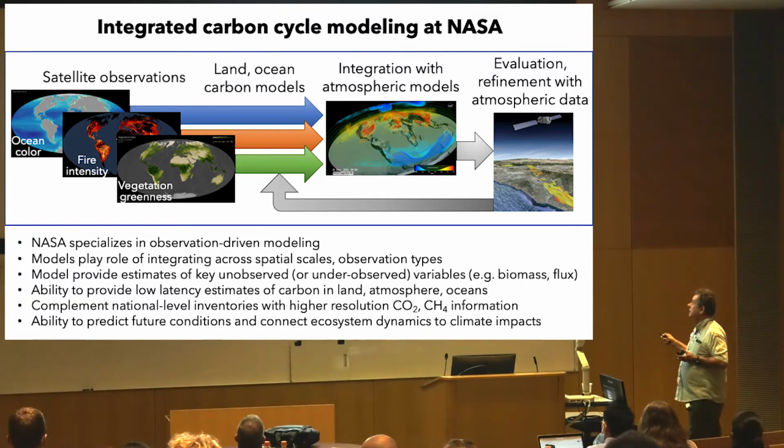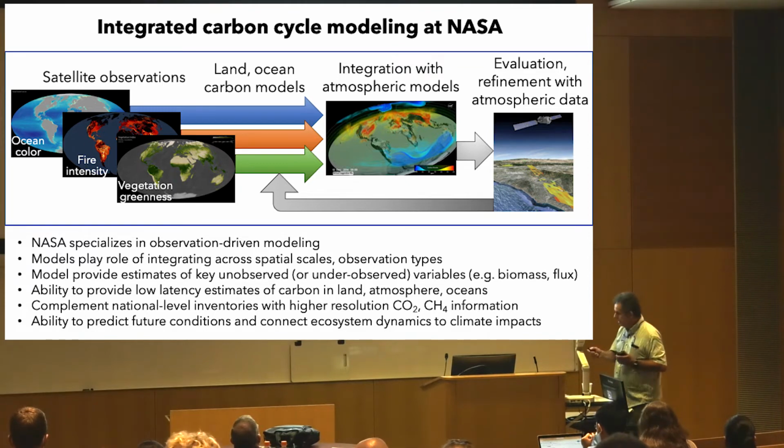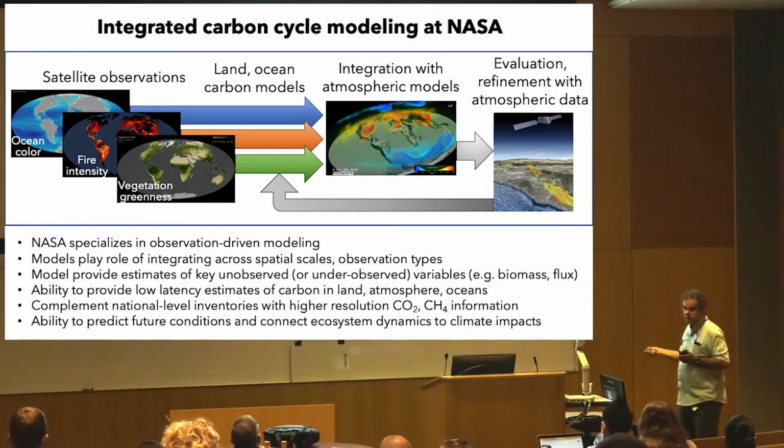And you integrate that with atmospheric models, and you basically use satellite observations on the other end to validate what you have. Data assimilation is being developed the same way for the greenhouse gases in carbon cycle modeling, which involves the ocean component and the terrestrial component, and is very complex.